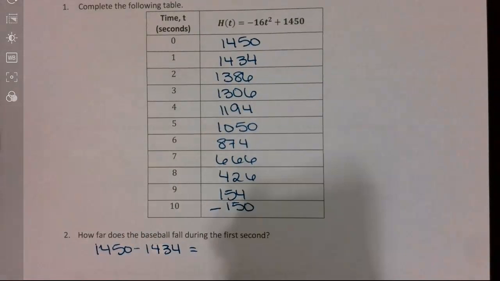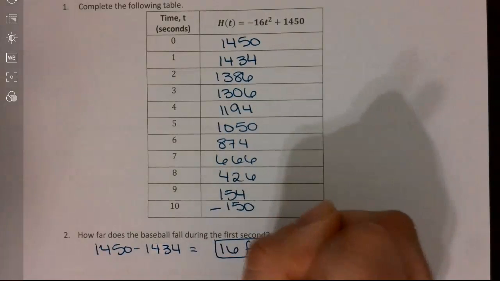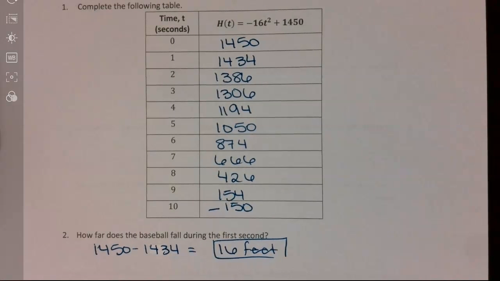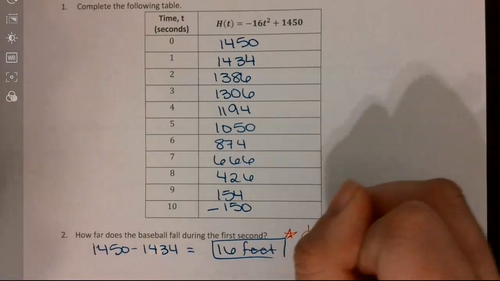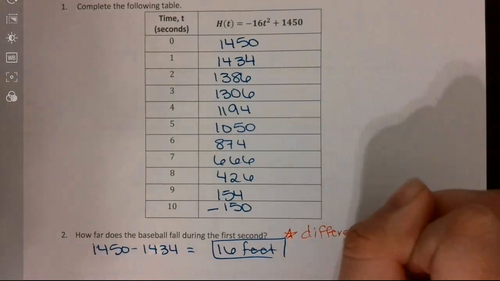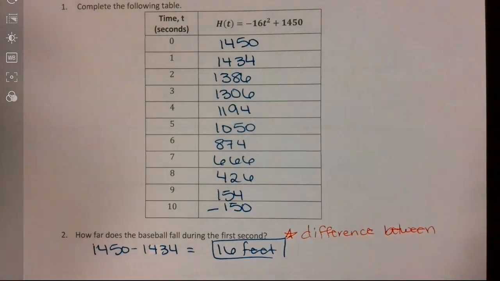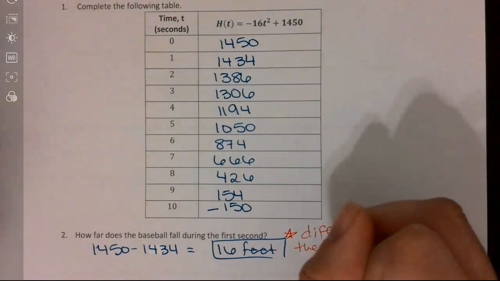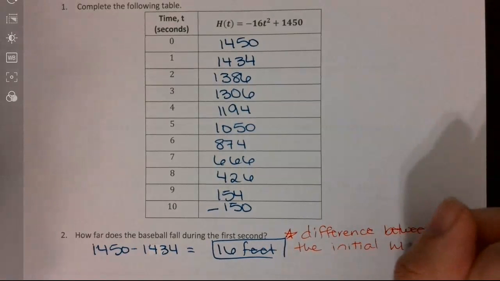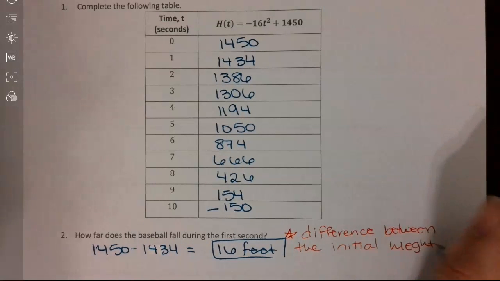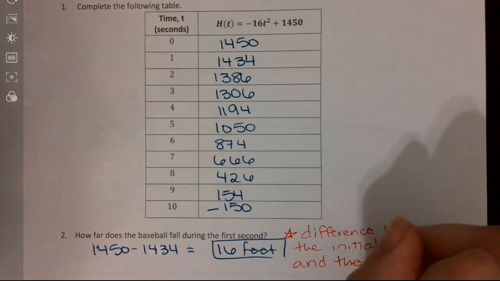If I type it on a calculator, it'll give me 16 feet. So this is the difference between the initial height and the first second.